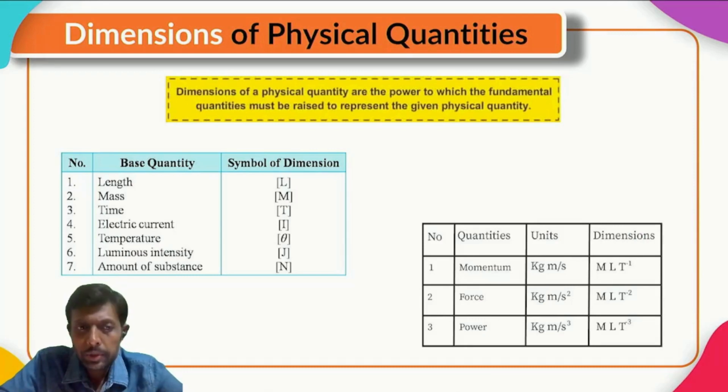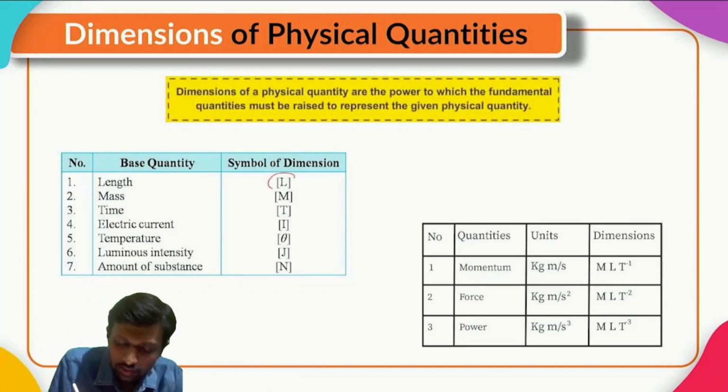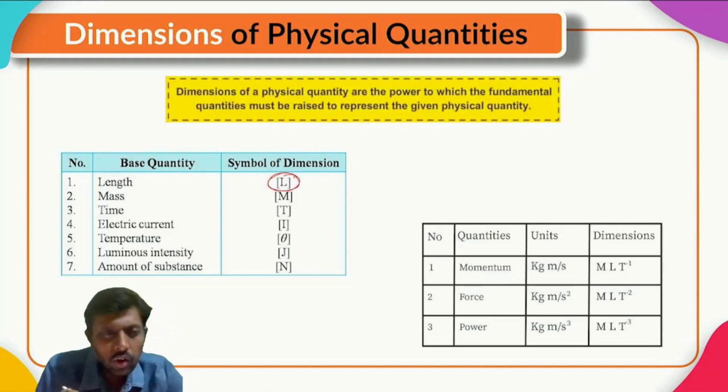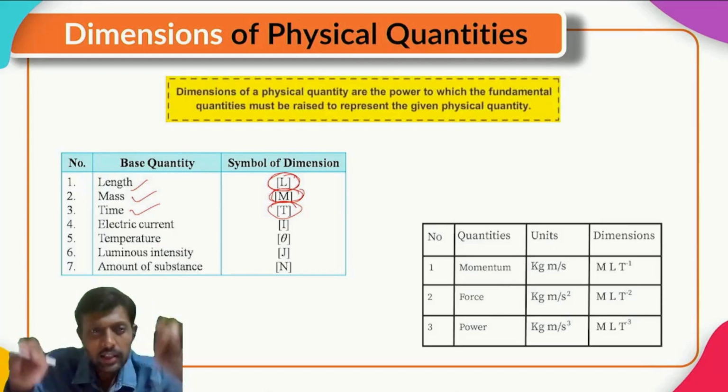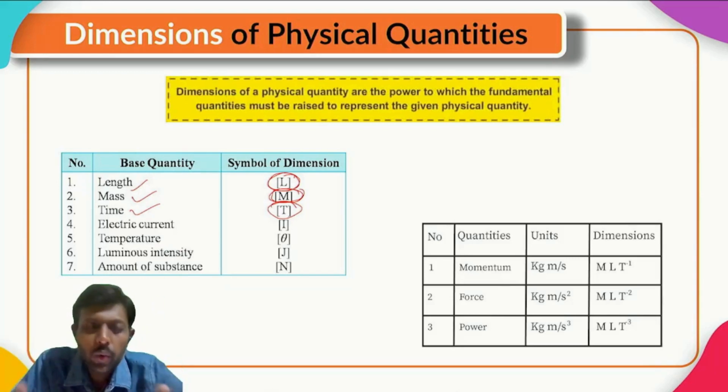Now, when these symbols are put inside square brackets, they're called dimensional formula of length, dimensional formula of mass, dimensional formula of time. So the symbol put inside a square bracket is now called the dimensional formula of that quantity.